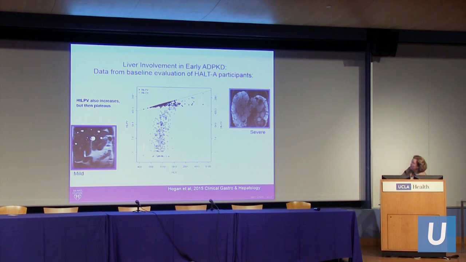What I want to show you on this graph is the height-adjusted liver volume. This allows us to compare men and women. You can see that patients have their parenchymal liver volume on the y-axis. So what we did was we measured the liver volume, the liver cyst volume, and the parenchymal volume.